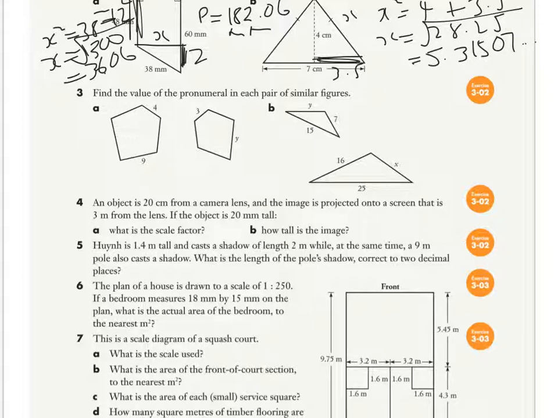Now I'm using more than 2 decimal places because we're going to need it for this side also. So I'm going to wait till the end to round. So the perimeter will be 7 plus 5.315 times by 2, which gets us 17.63 centimetres.